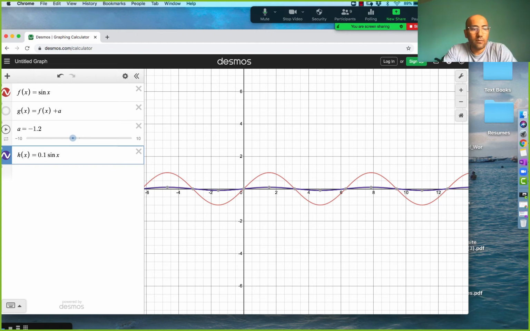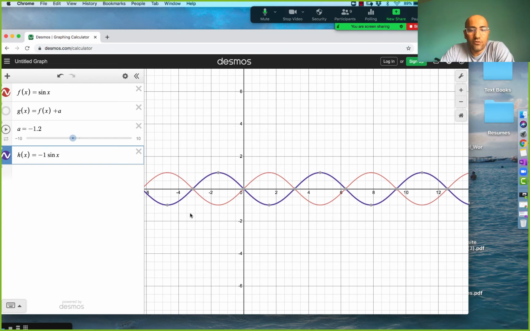So in general, what if it's a negative? What if I multiply this by negative 1? Well then all the outputs that used to be positive, right? The red one is the sine function.